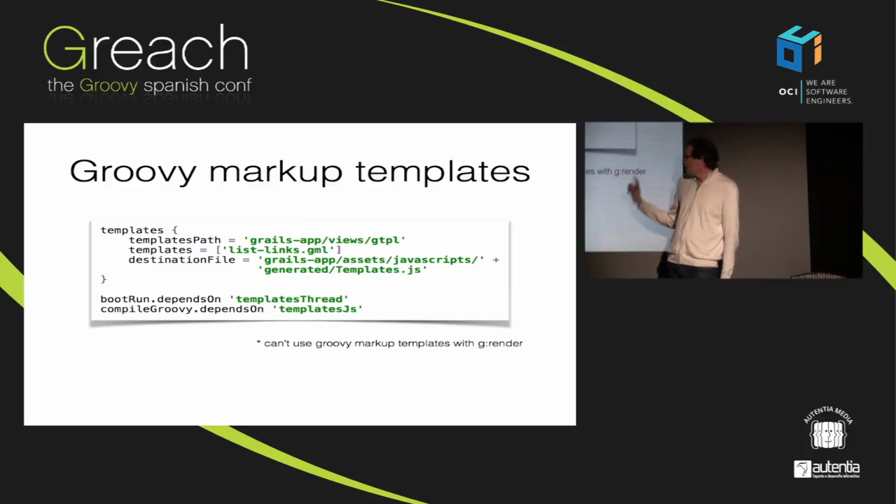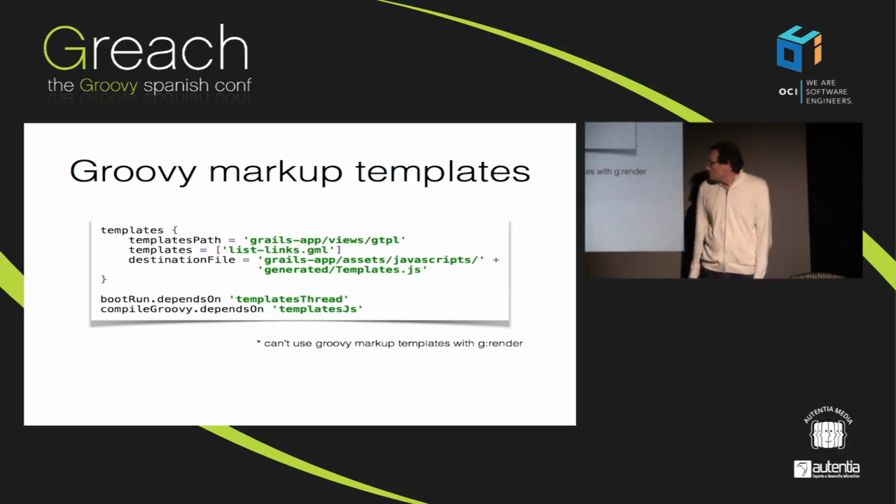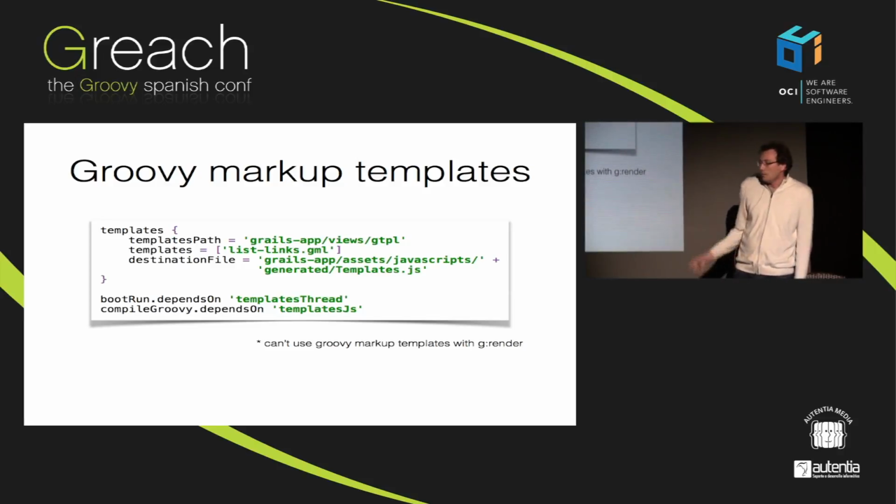Sadly, your Groovy markup templates don't work with grender. I don't know the reason. You can use Groovy markup template in a controller to return the full response with that template, but you can't use it for just a fragment of a template.